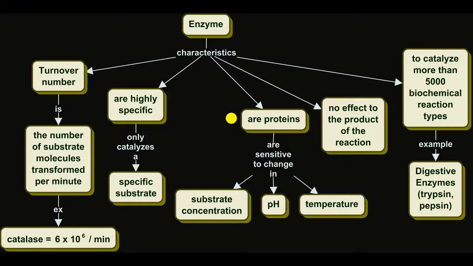Let us again remember that an enzyme is made from proteins. That means enzymes are sensitive to the change in temperature. In other words, enzyme operates in what we call the optimum working temperature.